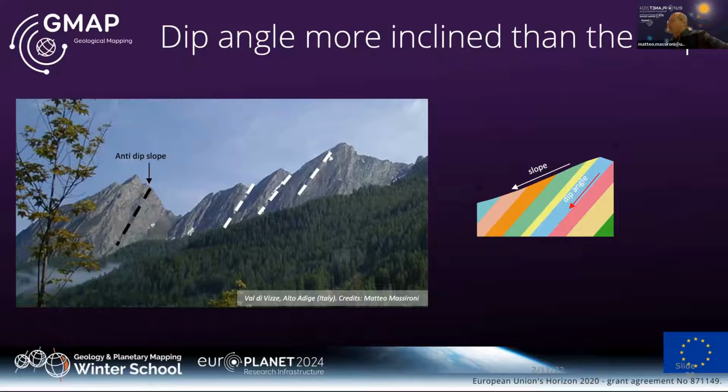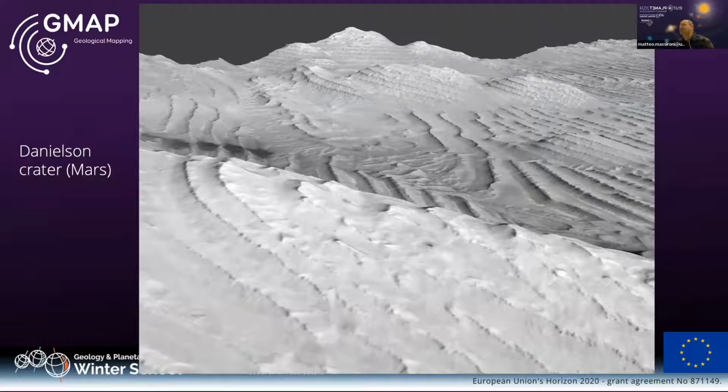Going back to a planetary context, let's see what happens on Mars, for example, on the sedimentary sequence that can be on Mars. And here it's quite clear that we have similar things. So we have, for example, horizontal stratification up there, you see there.